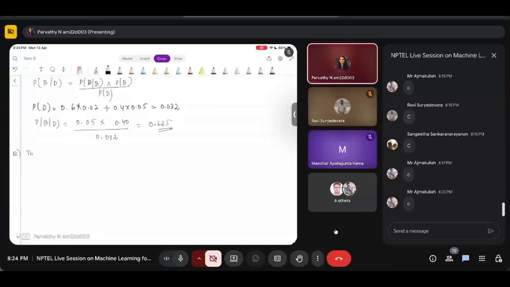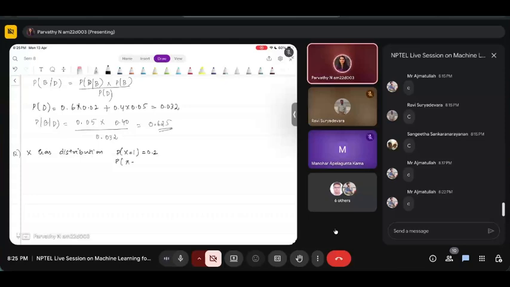The binomial distribution. PMF is given in X distribution. P of X is equal to 1 is 0.2.